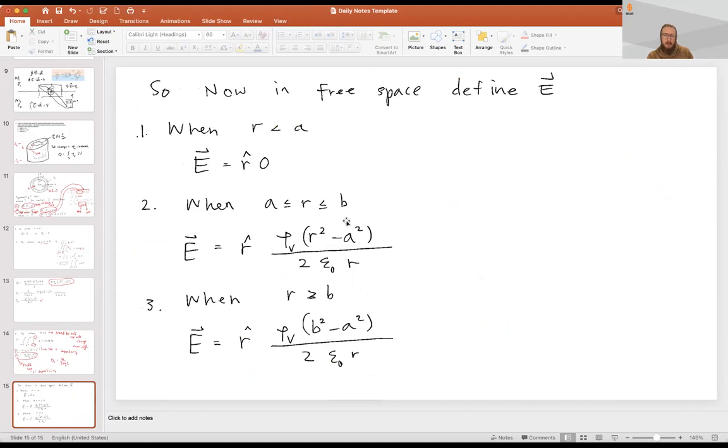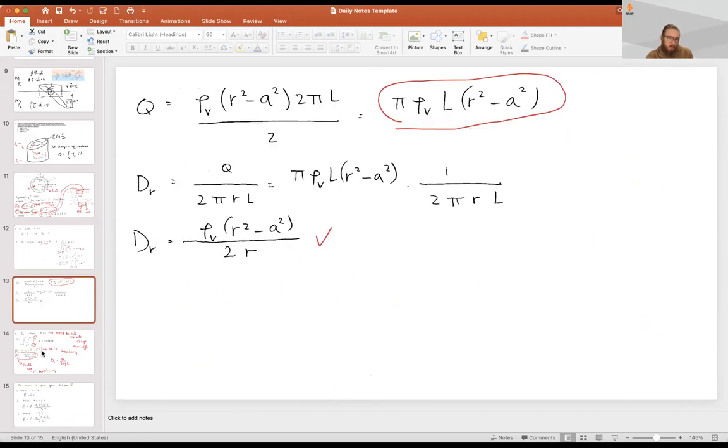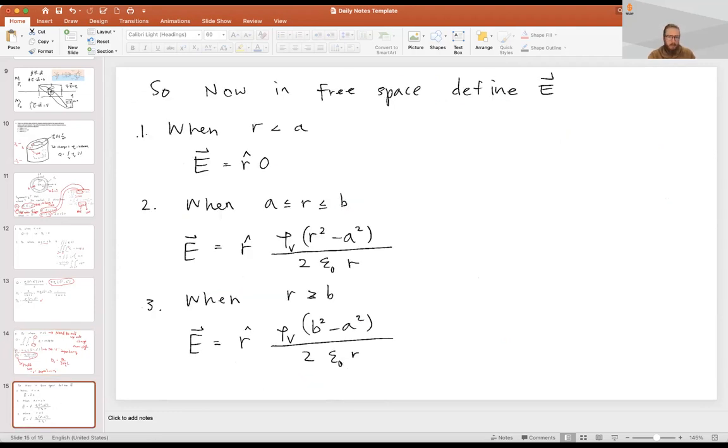That's due to the fact that we determined from the very beginning that there was going to be this R field dependency as we get further away. But in regions 1, 2, and 3, we can find the Q, the total charge contained within that region. Some of those regions have R dependency, some of them do not. And that's why we arrive at this expression.